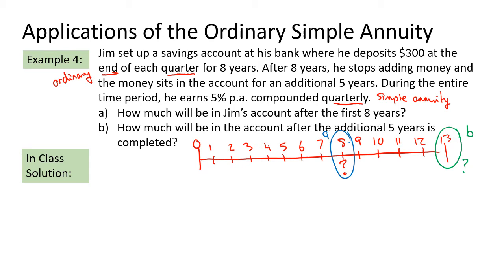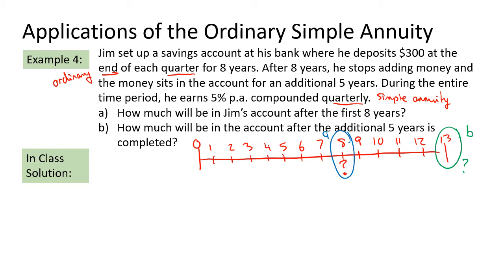Payments are made at the end of the payment periods, and the compounding frequency and payment period are the same, in this instance both quarterly. So in part A, we're going from today, which is year 0, to 8 years down the road, because that's the only period in time in this question where he's adding money. So that period can be treated as an annuity.